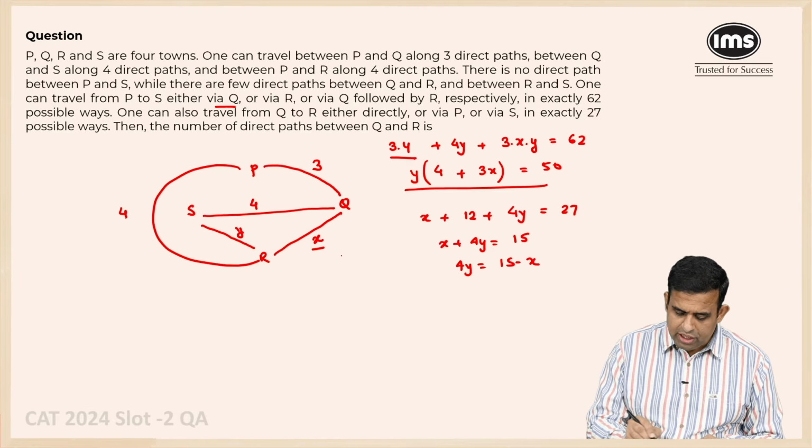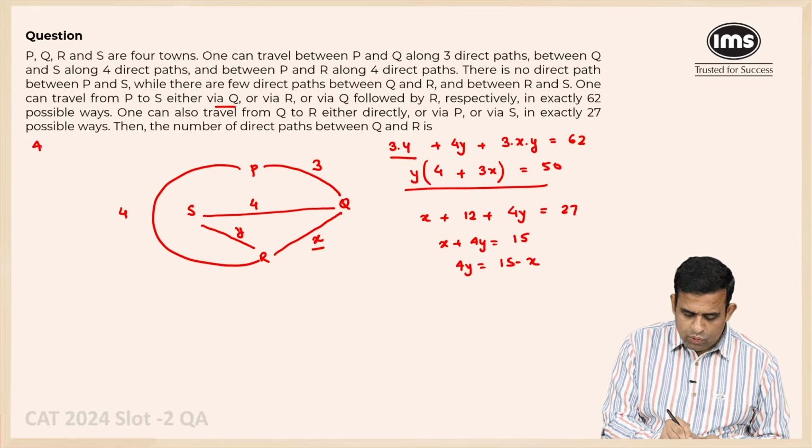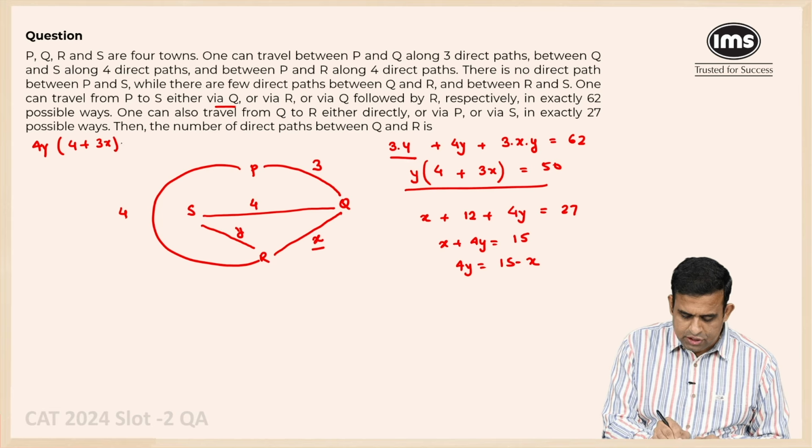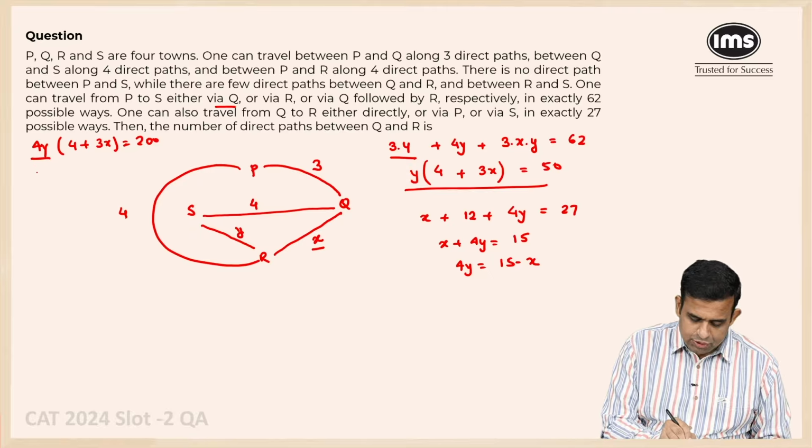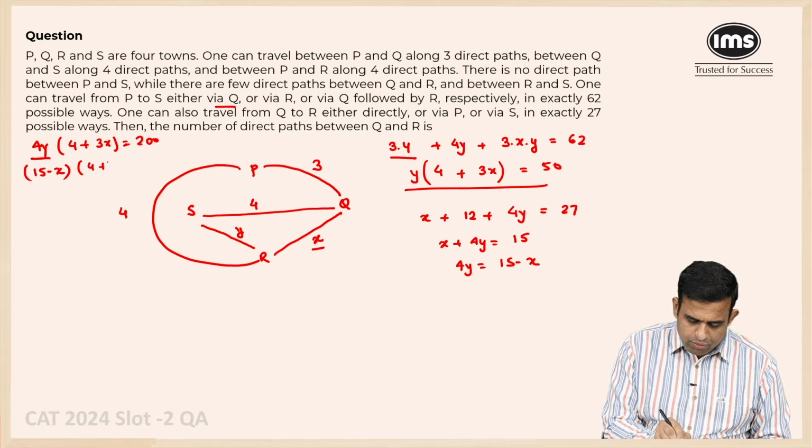So this equation will become 4Y into 4 plus 3X equals 200. And now I can replace the term 4Y with 15 minus X. So 15 minus X into 4 plus 3X equals 200.